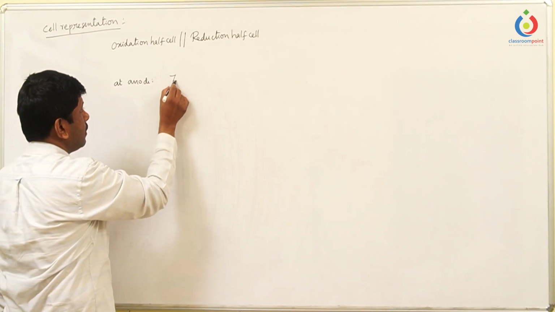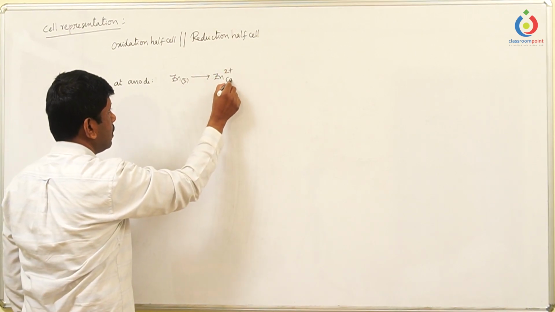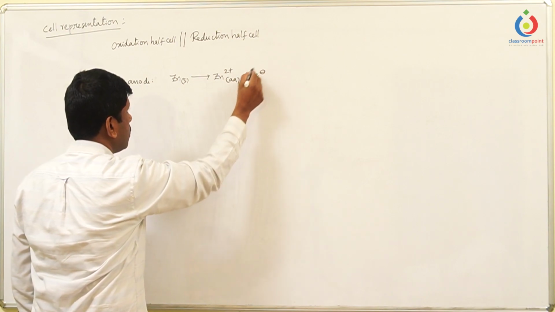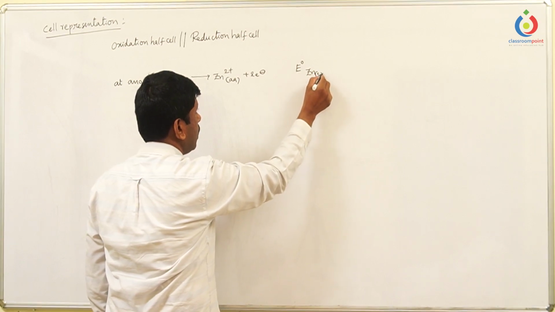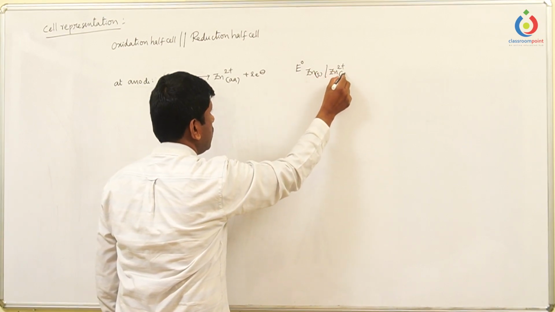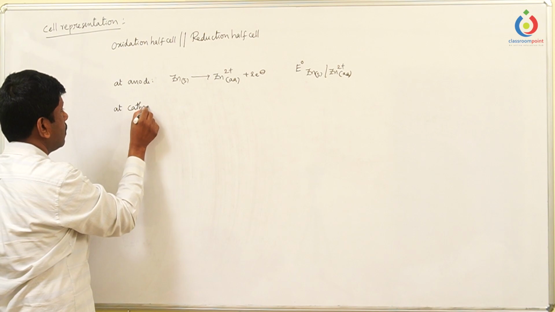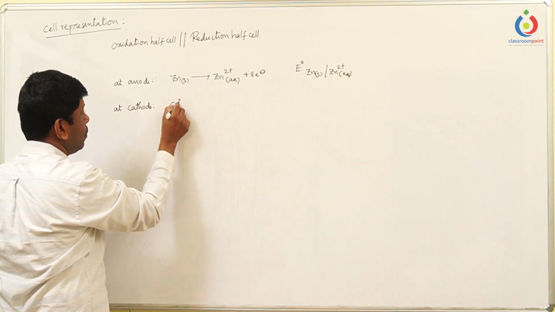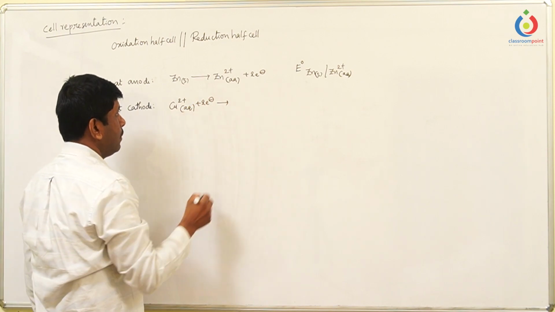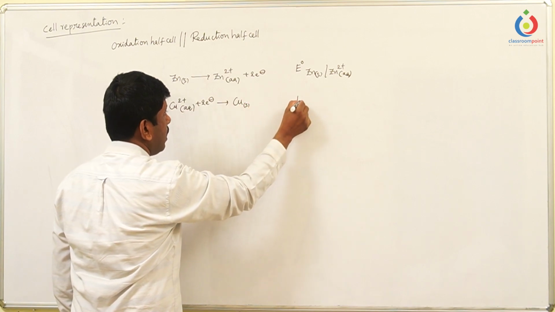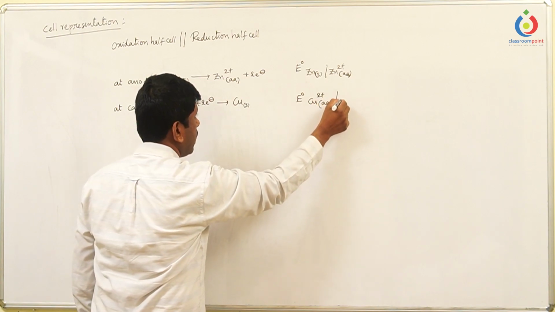So the anode reaction is zinc converting into Zn2 plus and 2 electrons, so this part we can write as E naught zinc solid by Zn2 plus in aqueous form. And at the cathode, Cu2 plus in aqueous form gains 2 electrons and gives Cu, and its electrode potential can be written as Cu2 plus aqueous by Cu.